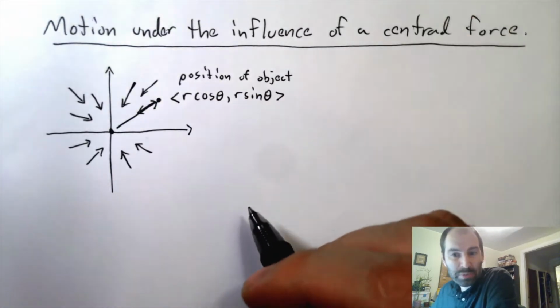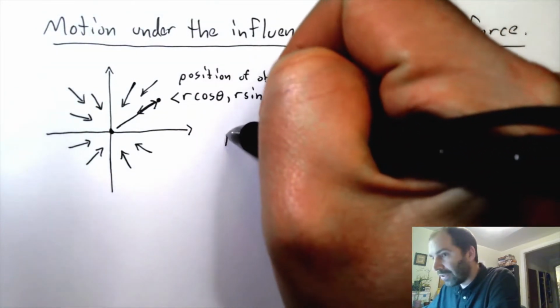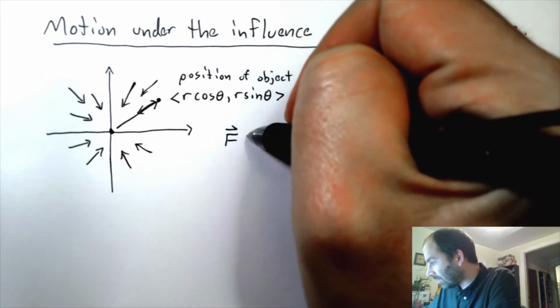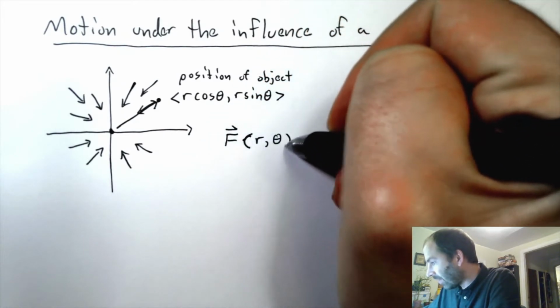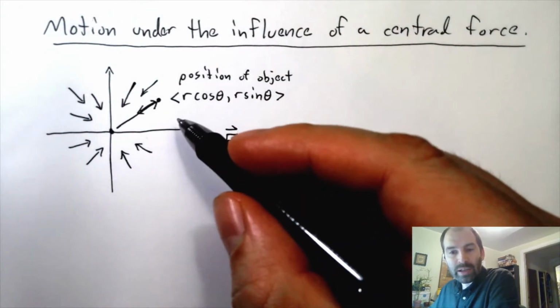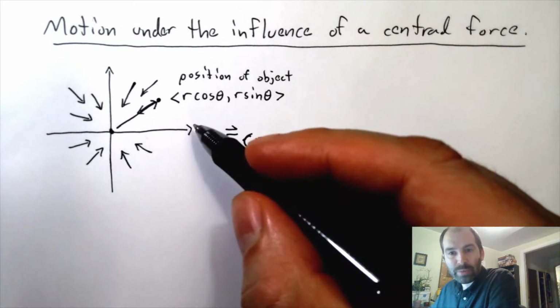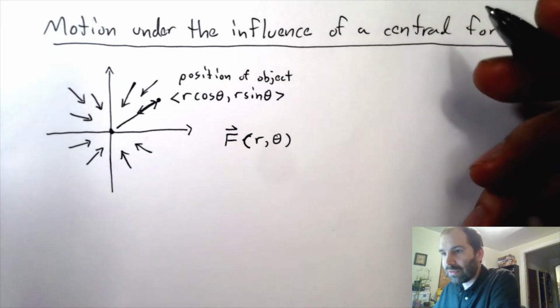So it doesn't have to be negative. But what I'm saying here is that the force vector field, which I'm going to denote capital F, is a function of r and theta. Okay? If I give you an angle and I give you a distance, we know the vector that's pointing towards the center here. All right? That's going to be the description of the force vector.